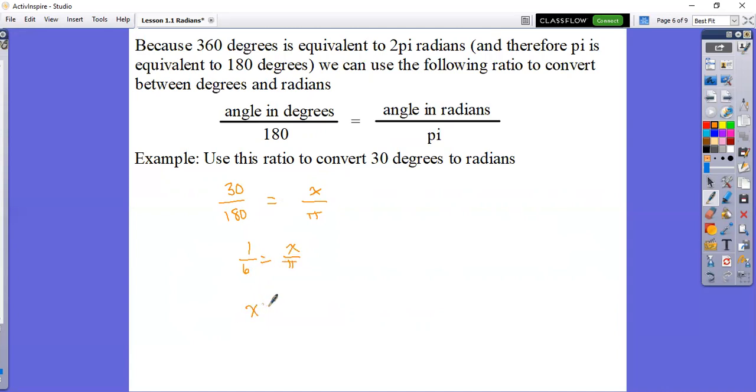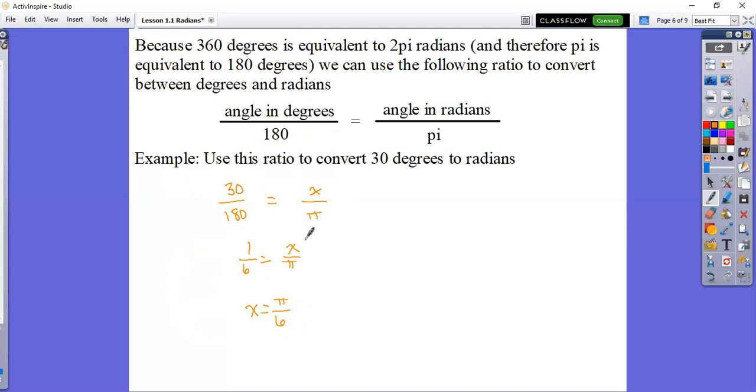So x must be equal to pi over 6, which actually makes perfect sense, because we just said that 180 degrees is equal to pi radians, correct? Well, 30 is 1/6 of 180, which means this angle, x, should be 1/6 of pi, which is pi over 6.